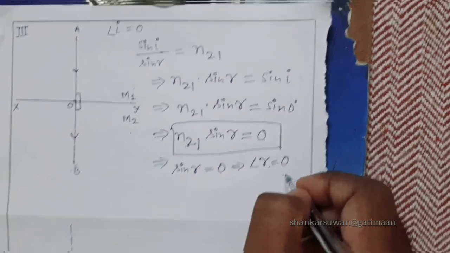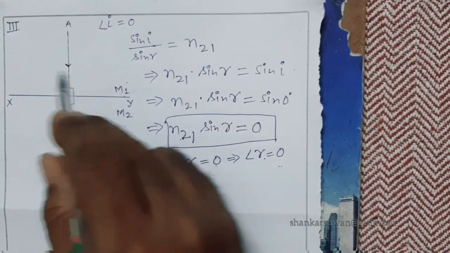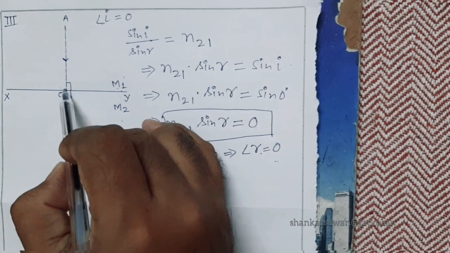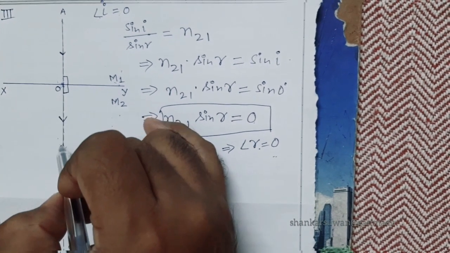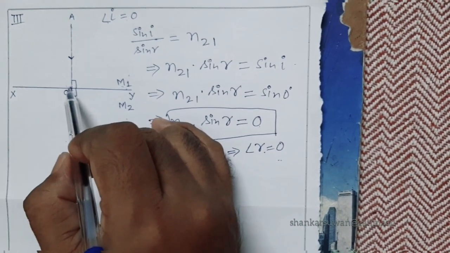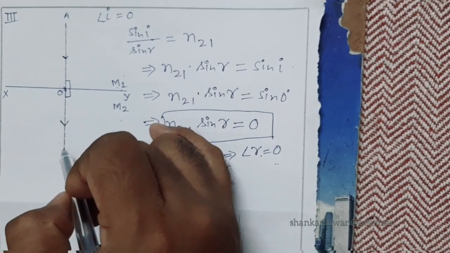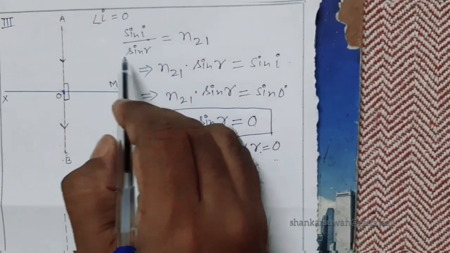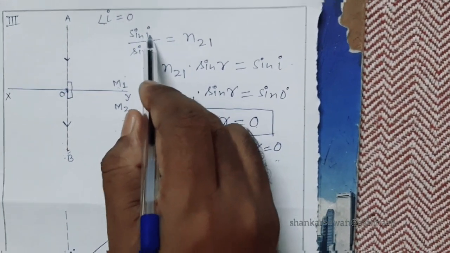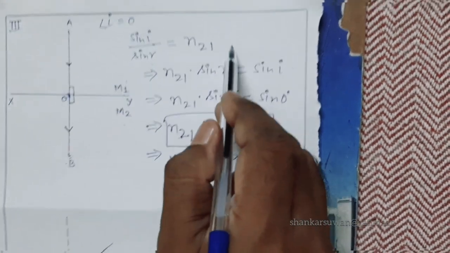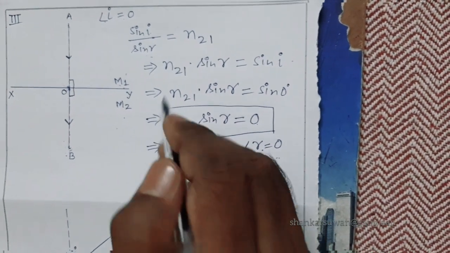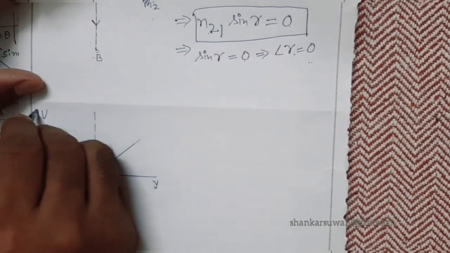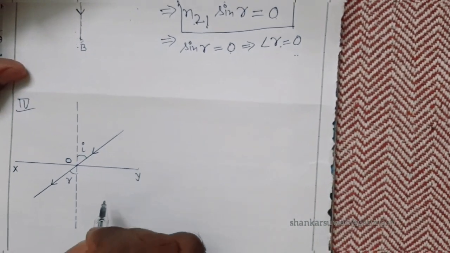So you will also write down this conclusion: any incident ray along the normal will never deviate from its path on passing through the second medium, in order to follow Snell's law, because sin I upon sin r must be constant.